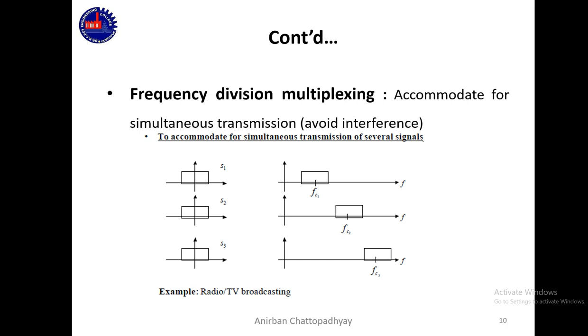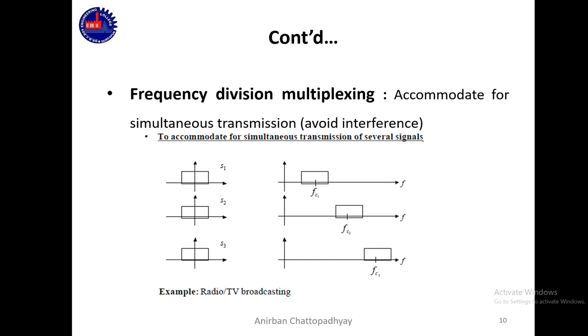So obviously our modulated signal frequencies will be different, and they will not interfere with each other. Or we can simultaneously transmit all these three different signals. So it is clearly visible that using modulation we can avoid interference.